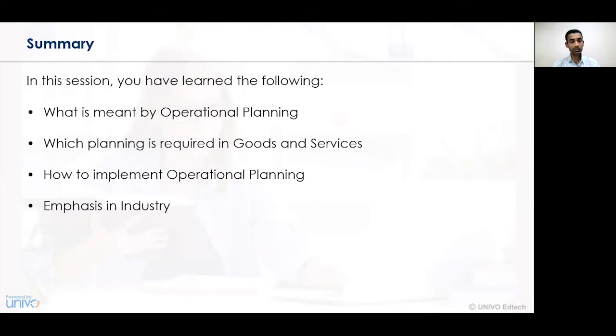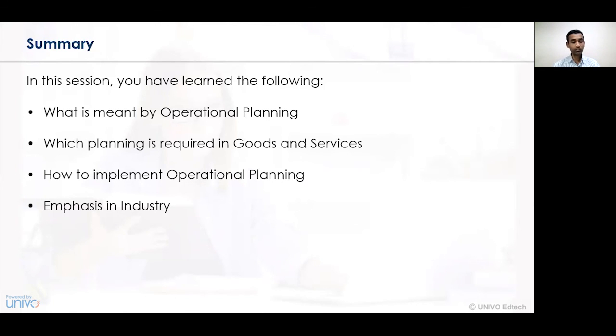And lastly, implementing the operational plan: when an operational plan is prepared, how do you incorporate the plan in your day-to-day activities. This plan may be implemented for a day, for a particular period, or for the annual period. So that's the composition of the operational plan.